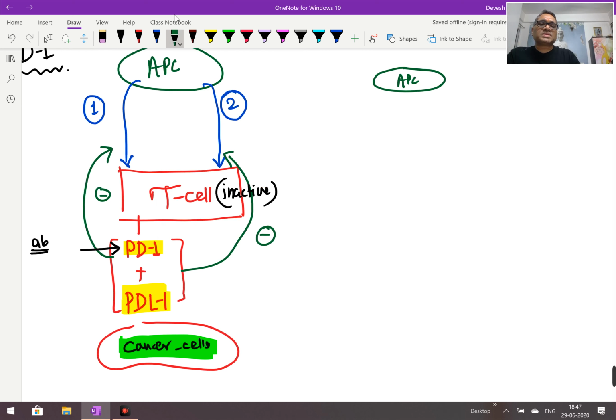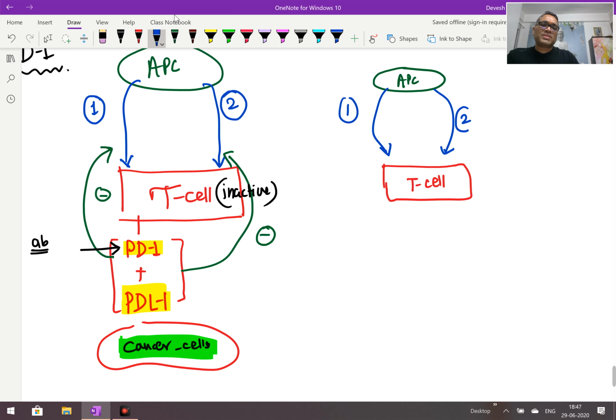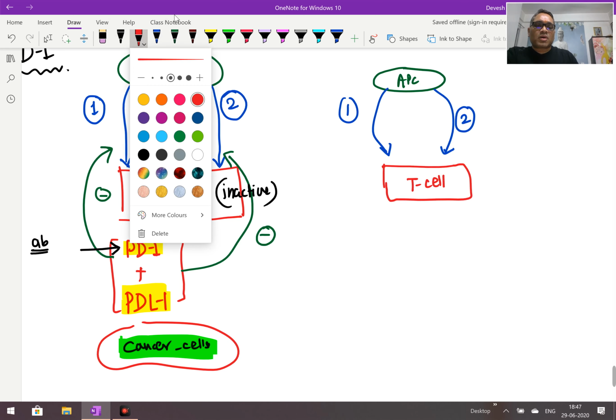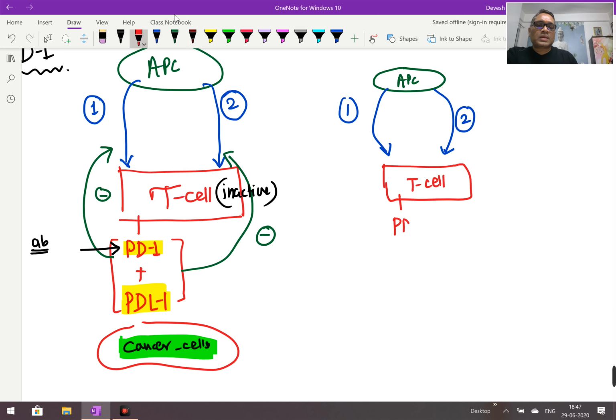This is the antigen presenting cell, and this is the T cell, and you can see there was signal 1 and signal 2, the co-stimulatory signal, which are going to activate the T cell. The problem was this PD1 receptor.